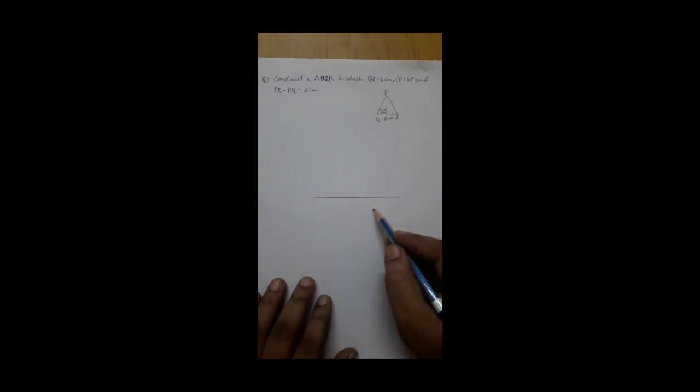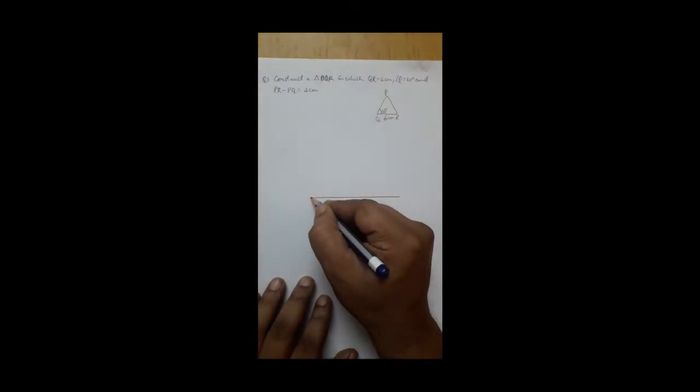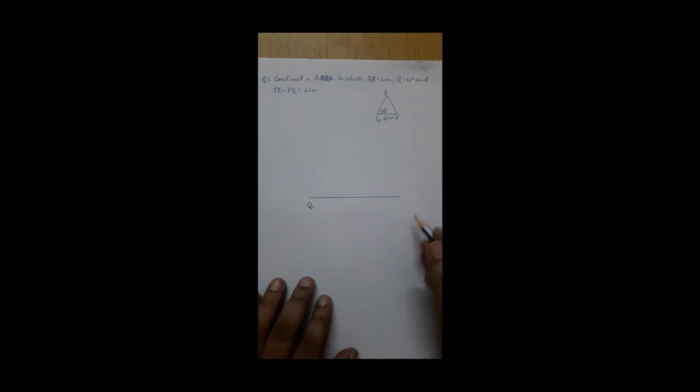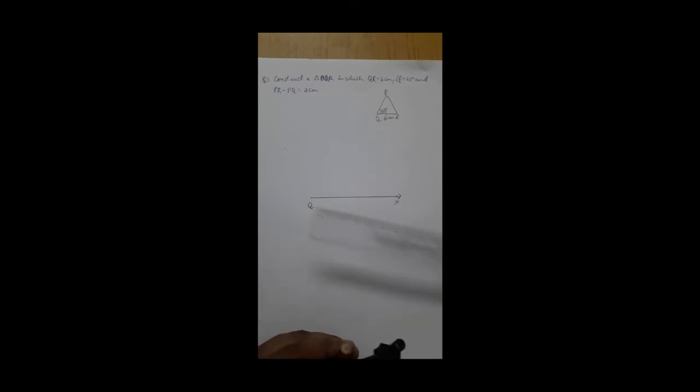So I have drawn a line. Next we'll have to cut off 6 centimeters with the help of a compass. So I'll mark this point, this will be Q, and we'll mark this ray as QX. Next we will measure 6 centimeters with the help of a ruler.